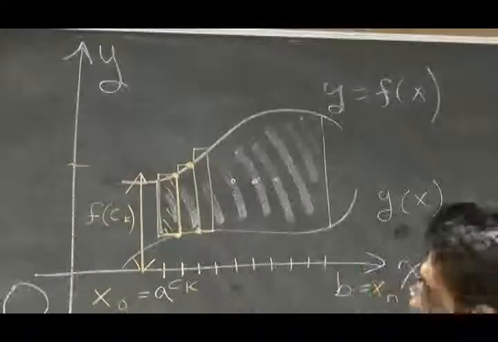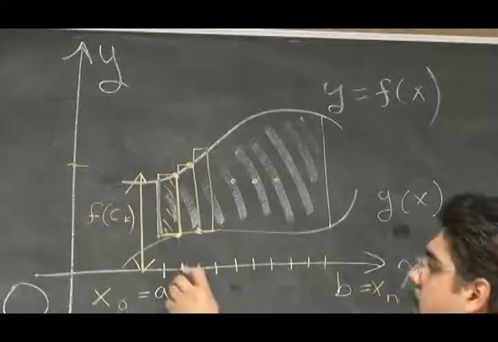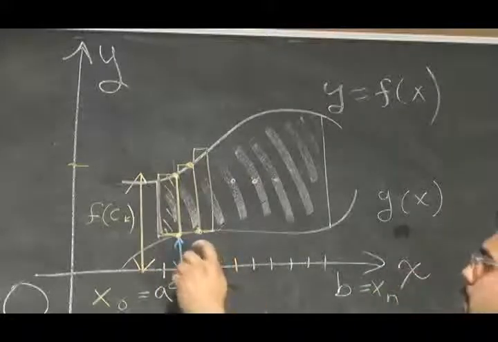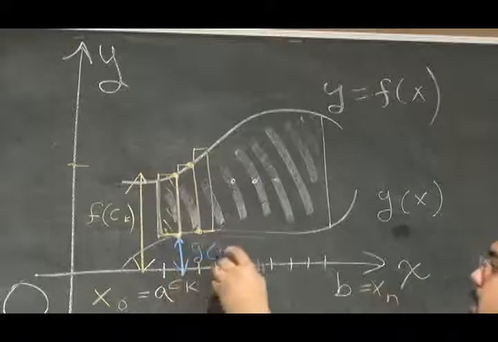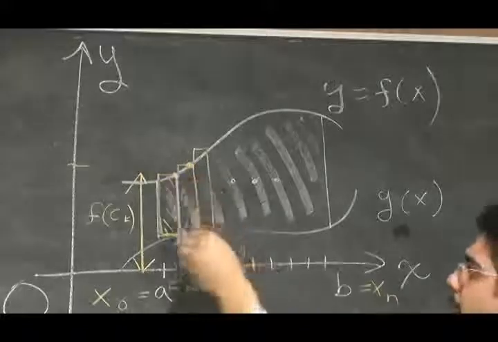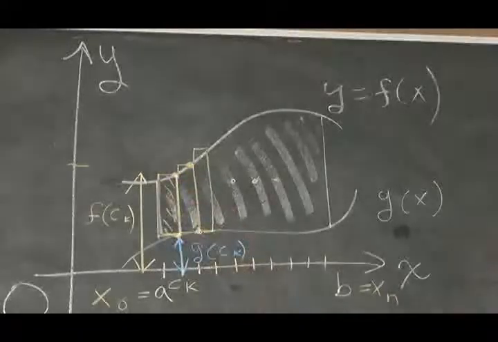Now, if you measure from the x-axis to the bottom part, what is that? G of c sub k. Right? So then, how would you measure the height of the rectangle? Very good.